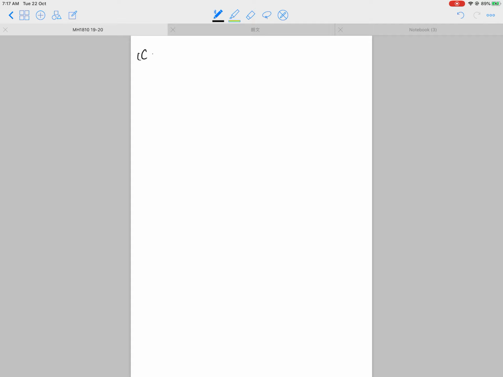Part C. Limit. Again, when you sub in, it will be infinity over infinity.